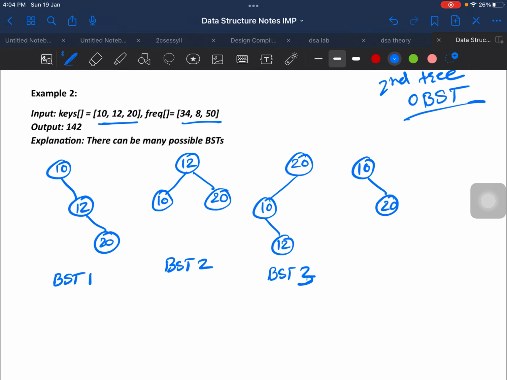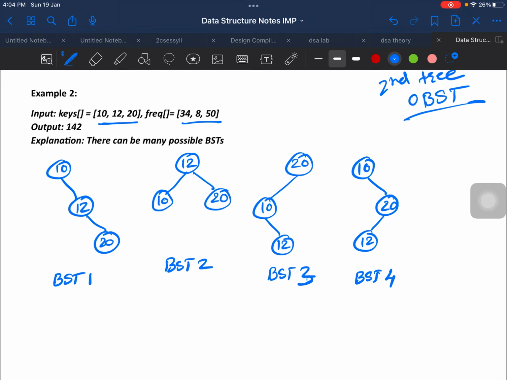And then after 20, we get 12. 12 is greater than 10 but less than 20, so 12 is present on the left hand side of 20. So this is BST 4.